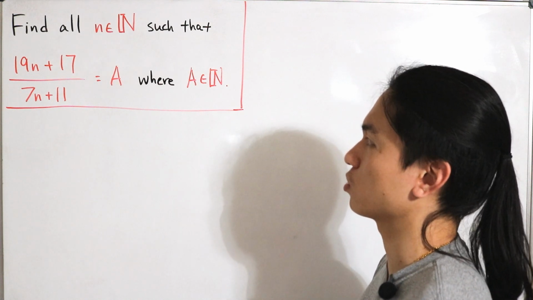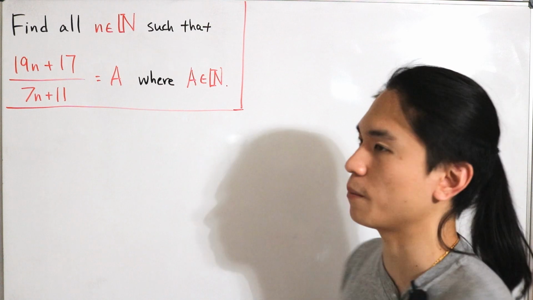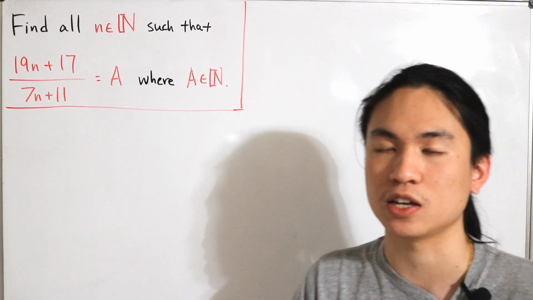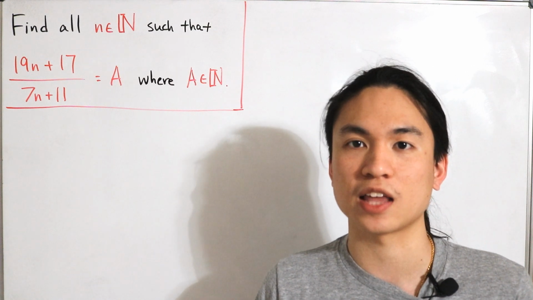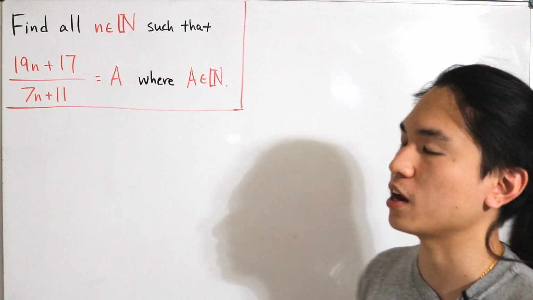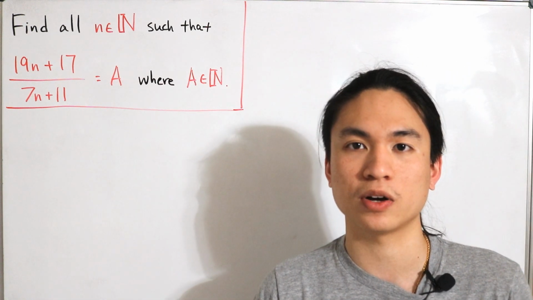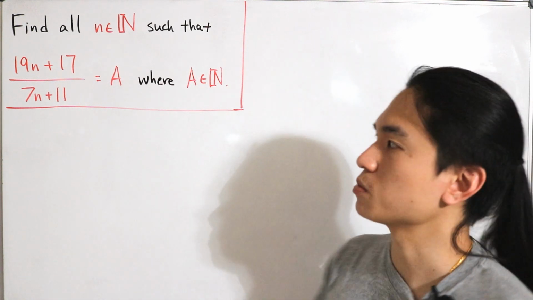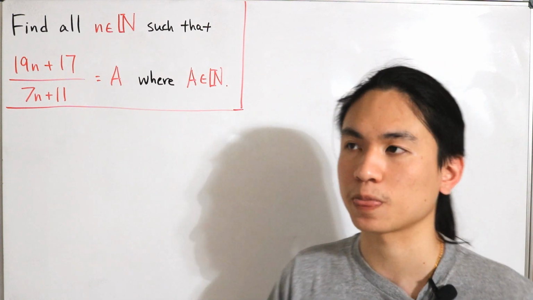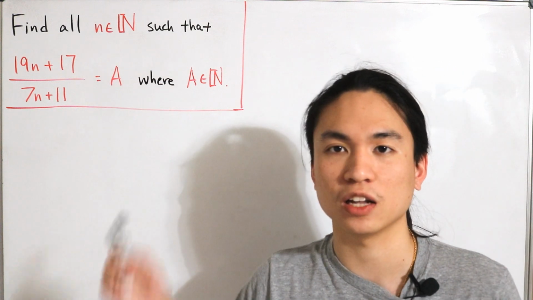The first step is that we're going to multiply a natural number to both sides of the equation, which still preserves the idea that both sides yield a natural number. This natural number is going to help us do a little bit of manipulation on the left side of the equation.